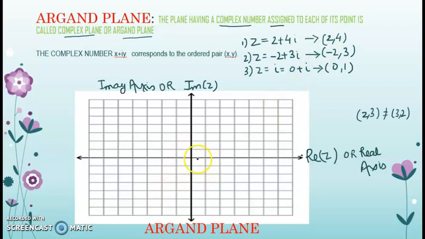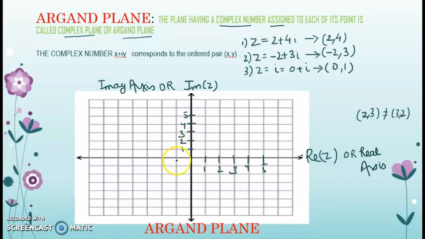So I can write here, I can simply plot 2 comma 4. So I can write here 1, 2, 3, 4, 5, same positive, okay, 1, 2, 3, 4, 5.